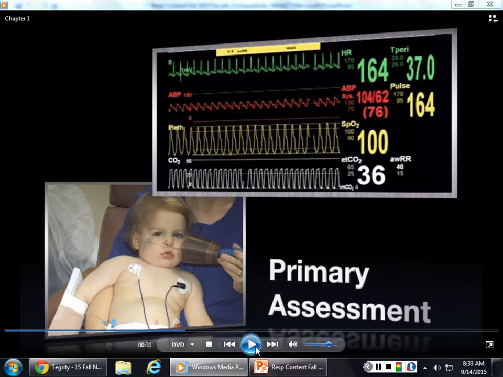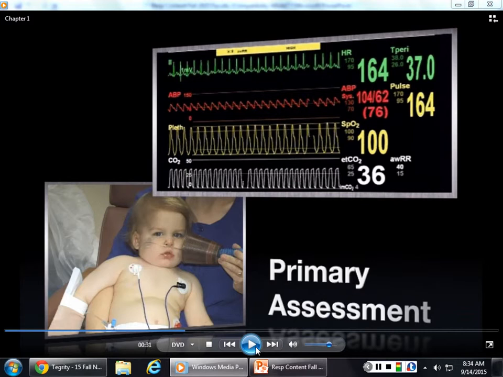Temp's normal, 37 is 98.6. We treat at 38.5 or 101.5. So if you remember those two numbers, 37 is 98.6, 38.5 is 101.5, when you start to look at your kids in the hospital and start taking temps, as you get to, oh wait, I'm at 39.5 or I'm at 40, well that's 103.5, 104.